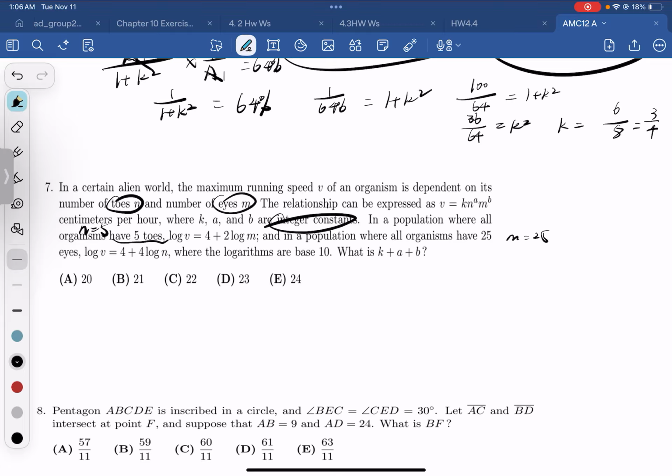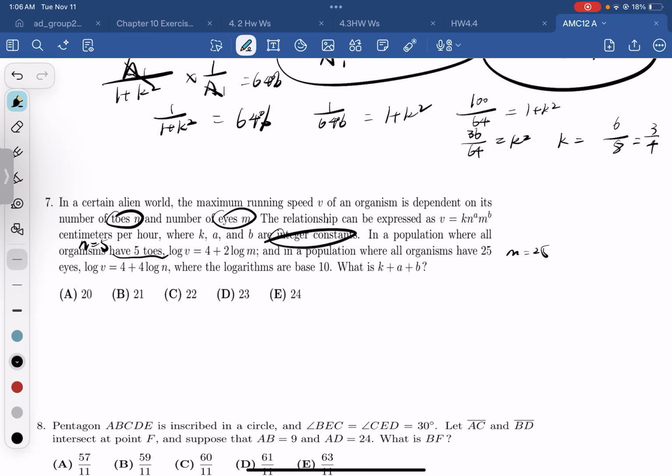So this one is pretty tricky. Basically from the question, we know the relationship of velocity can be expressed as v equals k times n raised to the power of a and m raised to the power of b. So we take the log base 10 of both sides. Log v equals log of k n to the a times m to the b.